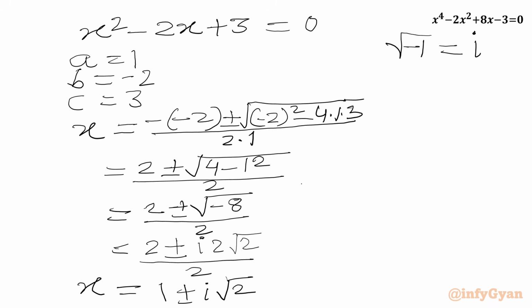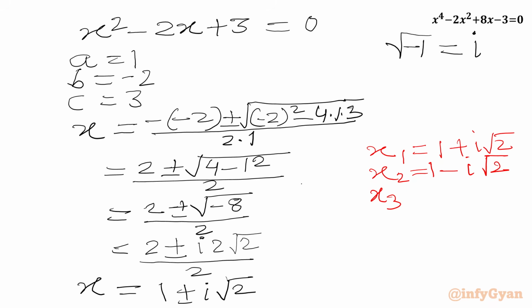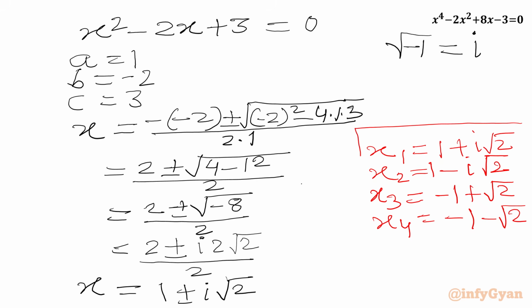So if I write all the four solutions, then x1 would be 1 plus i root 2, first complex solution. x2 would be 1 minus i root 2. Then we have x3 minus 1 plus square root 2, and x4 minus 1 minus square root 2. Two real and two complex solutions.